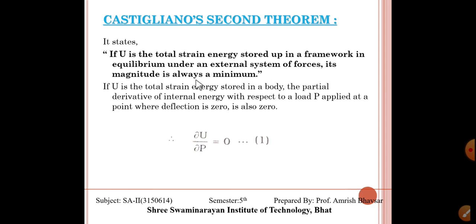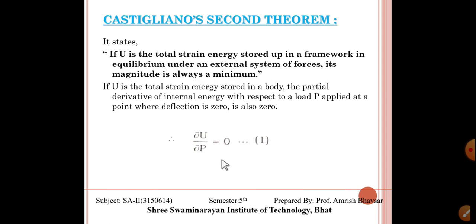In this case, the value of deflection at the support is 0. If U is the total strain energy stored in the body, the partial derivative of internal energy with respect to the load P applied at the point where deflection is 0 is also 0. So, del U upon del P is equal to 0.